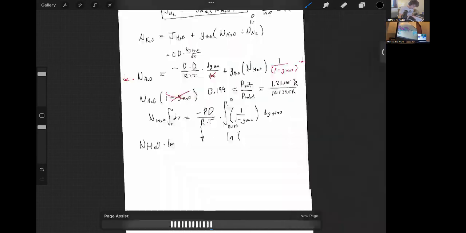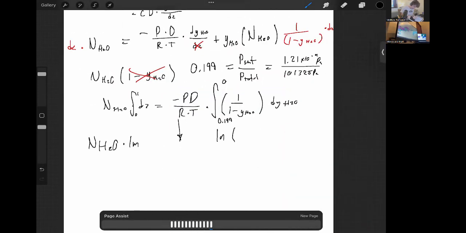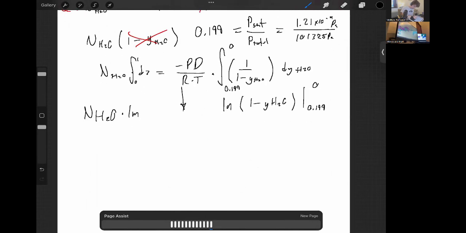So we have natural log of 1 minus mole fraction of H2O integrated at these values, which means that we should have something like natural log of 1 over this would be 0, the 1 minus that this would be 0.879. Am I crazy? I think that's right.